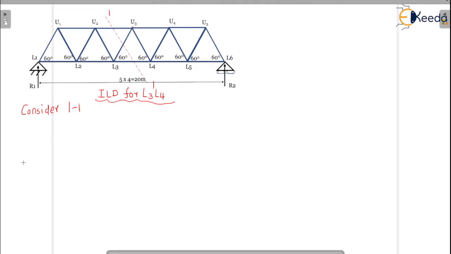So let us consider the moment at U3. The moment at U3 is equal to the force in this member L3, L4 into sine 60. Now we can rearrange the terms: PL3, L4 is equal to M of U3 by sine 60. Sorry, here the member length is 4, so 4 sine 60.